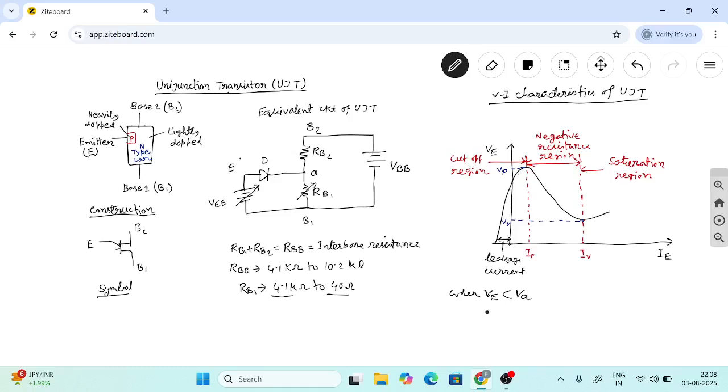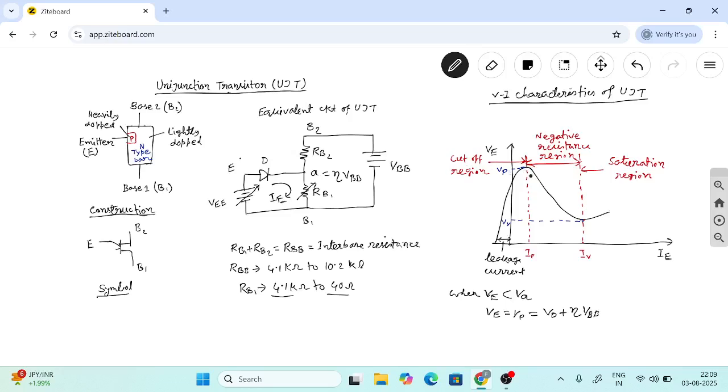And whenever the voltage at point E reaches the peak point voltage, Vp, which is VD plus eta VBB, so when VE reaches the peak voltage of UJT, UJT will be turned on and the emitter current increases, flowing through this path.